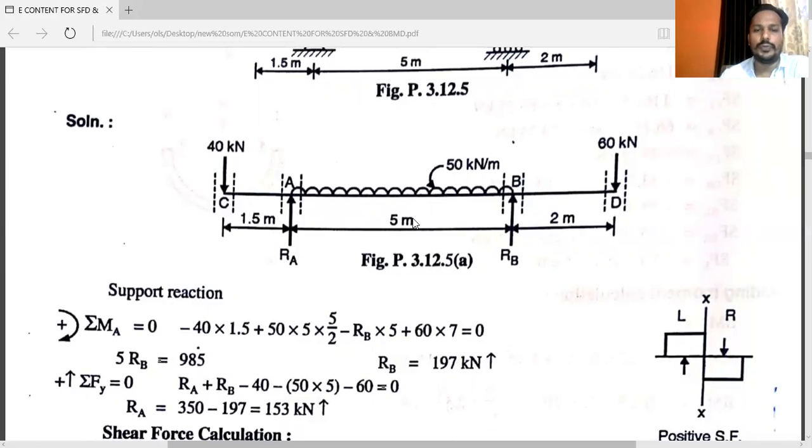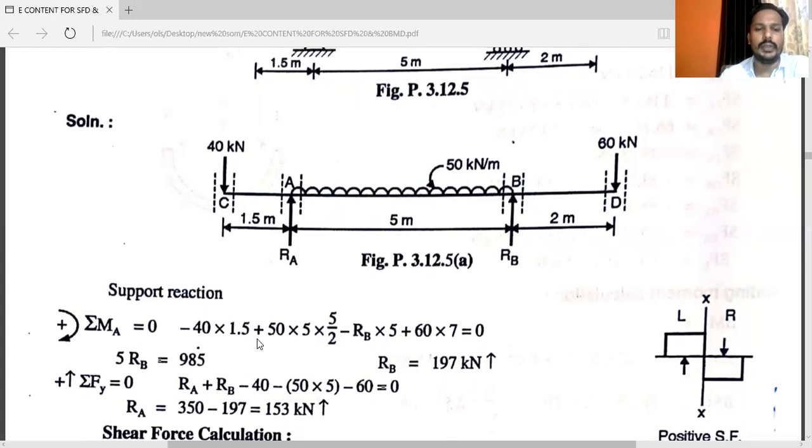So 50 into 5 will be the intensity of the equivalent point load, and it will act at the center of the distance AB, so 5 divided by 2, that is 2.5. It will act here and move in the clockwise direction.